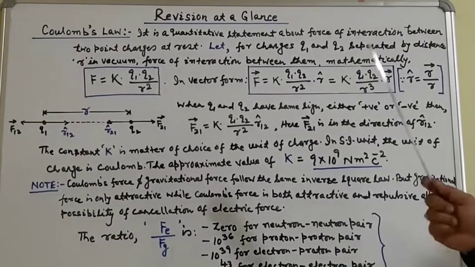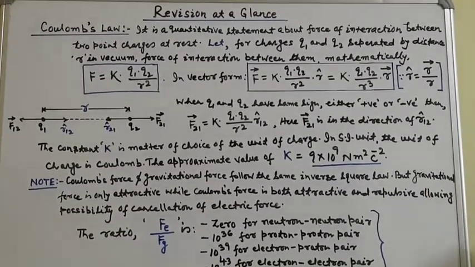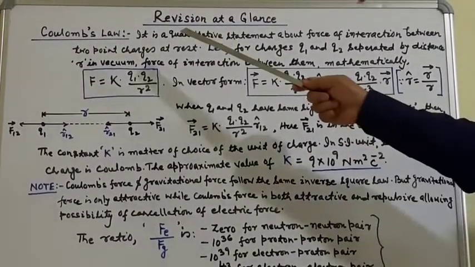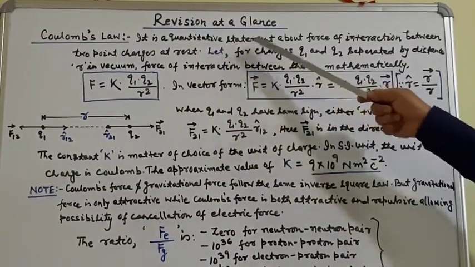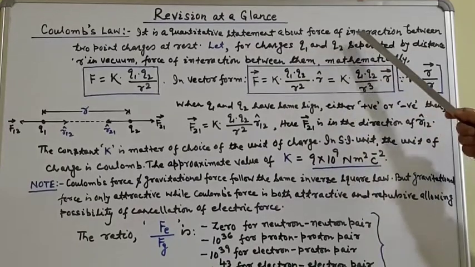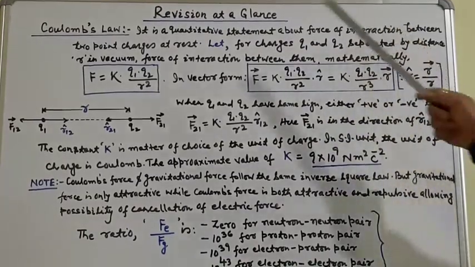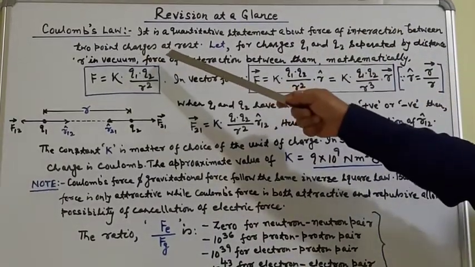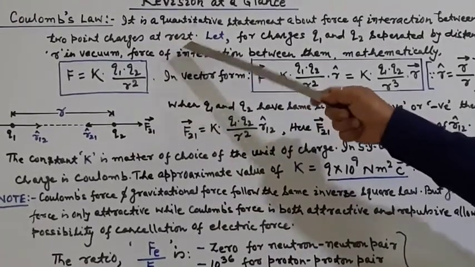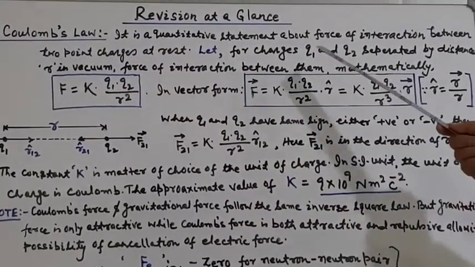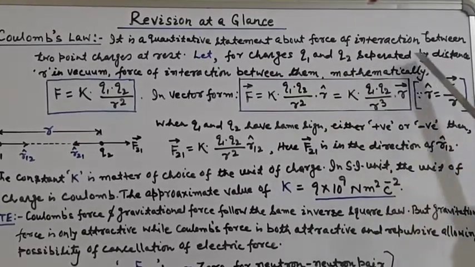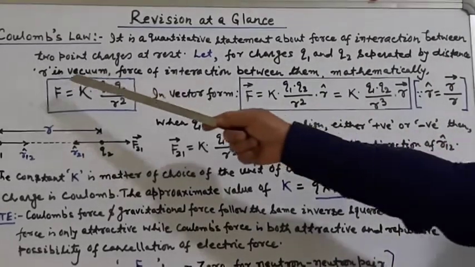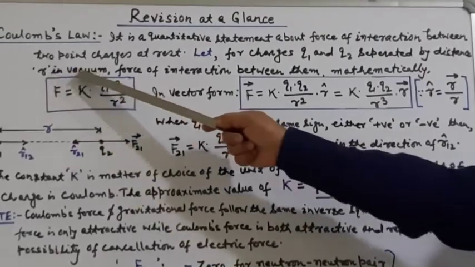Students, in the first lecture, we have already discussed that Coulomb's law is a quantitative statement about the force of interaction between two point charges at rest. Suppose Q1 and Q2 are the two point charges, separated by a distance r in vacuum.